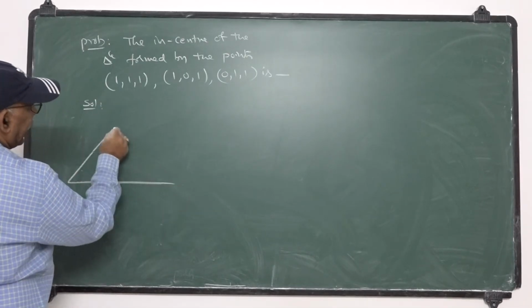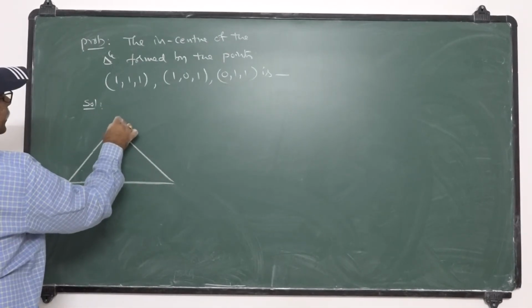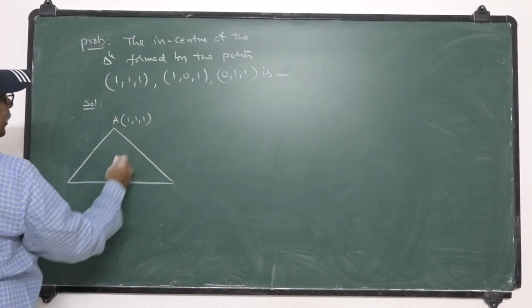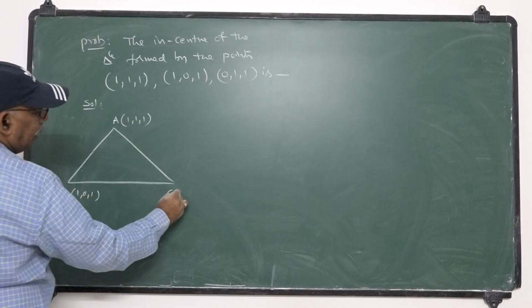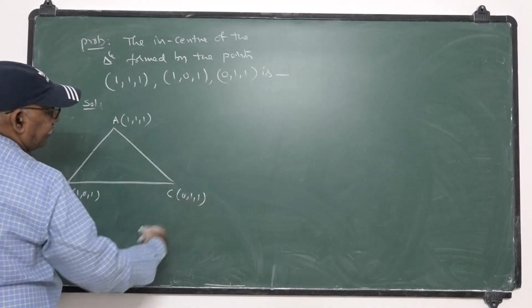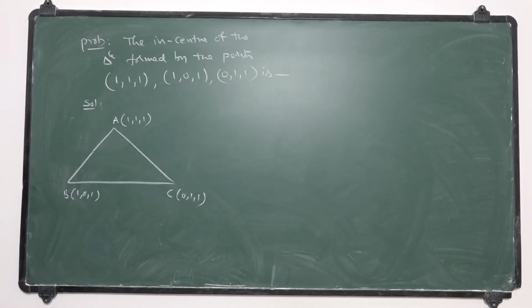Suppose this is our triangle: (1, 1, 1), (1, 0, 1) and (0, 1, 1), with sides 1, 1, root 2, and this is (1, 0, 0).